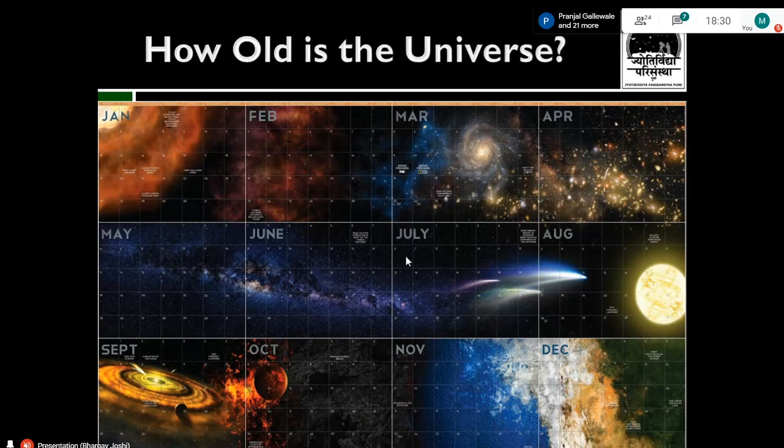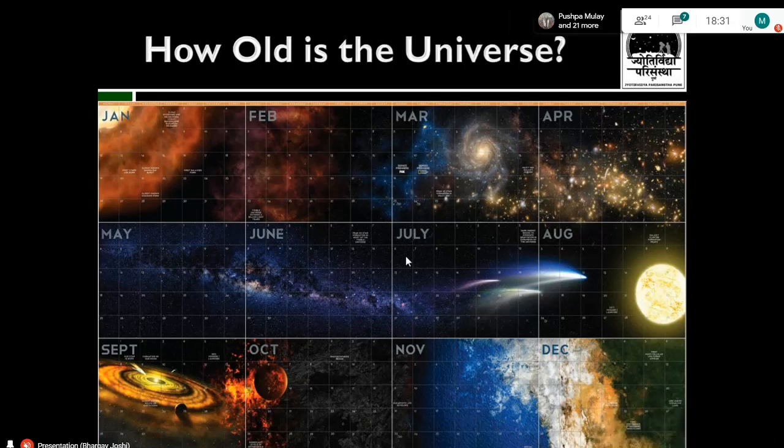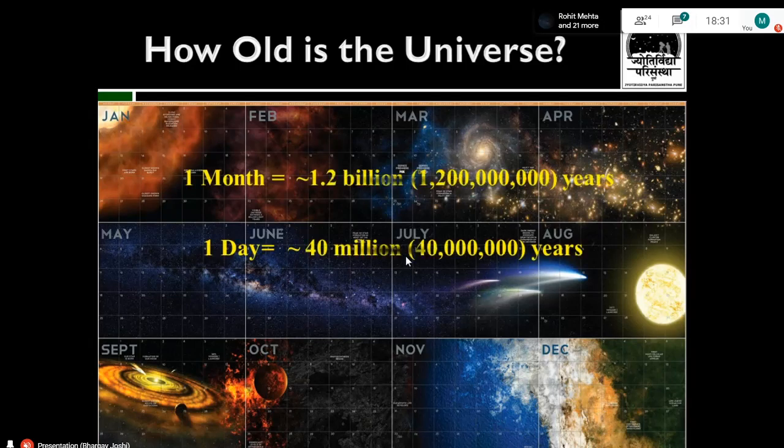If we want to represent the entire age of the universe in a single calendar of 1 year, we will have to change the parameters. So, in the cosmic calendar, 1 month will not stand for 30 days, it will stand for 1.2 billion years. So when you transition from 2nd January to 2nd February, that period of 1 month does not stand for 30 days.